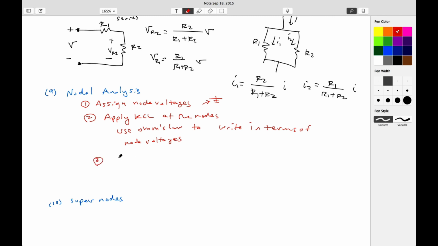And then number 3, we solve for the node voltages.